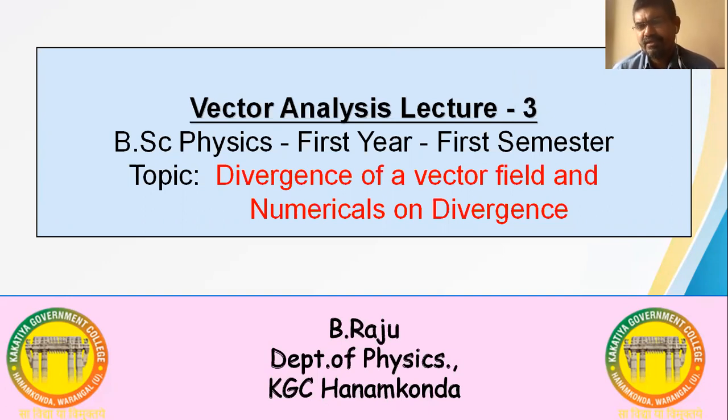So far we have learned about vector field, scalar field, operator del and its characteristics, and operator Laplacian in the first lecture. In the second lecture, we studied the gradient of a scalar field.